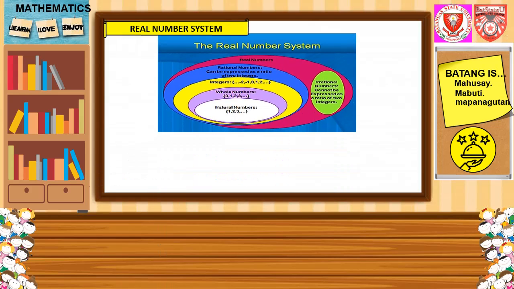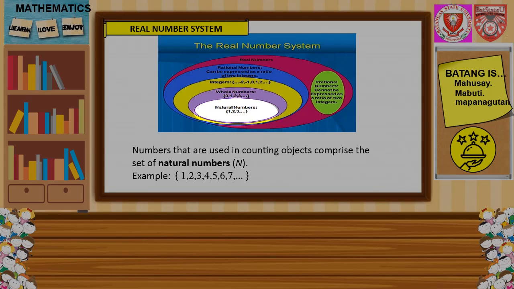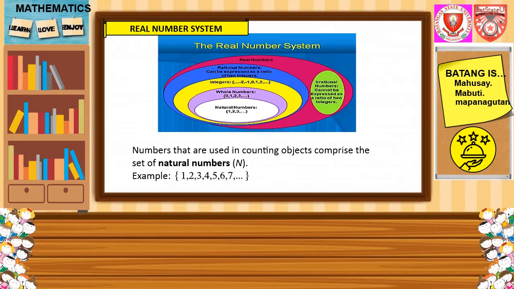Real number system. First, we have numbers that are used in counting objects. They comprise the set of natural numbers, or its symbol N. Examples: 1, 2, 3, 4, 5, 6, 7, and so on.